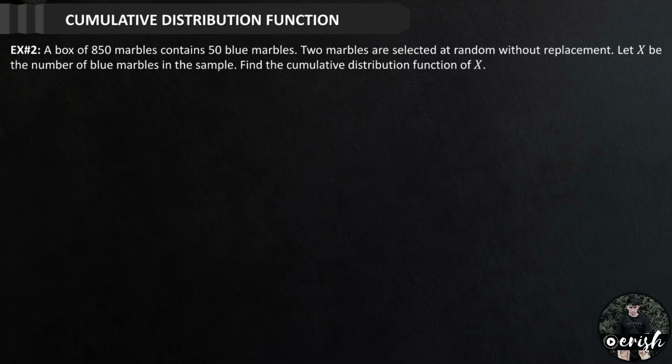And before probability distribution, dapat makreate muna natin of course yung sample space kasi doon tayo magbabase, and after ng sample space, kailangan alam na natin yung values ngayon ng random variable x natin. For the sample space, say yung blue marble is denoted as B na lang, and yung hindi blue na marble is say N na lang.